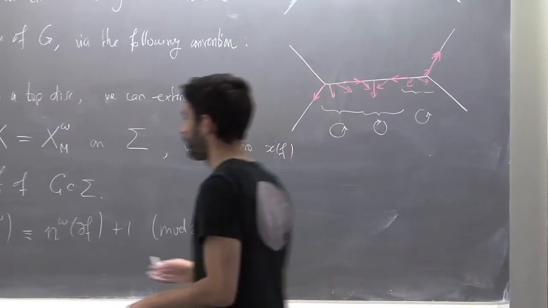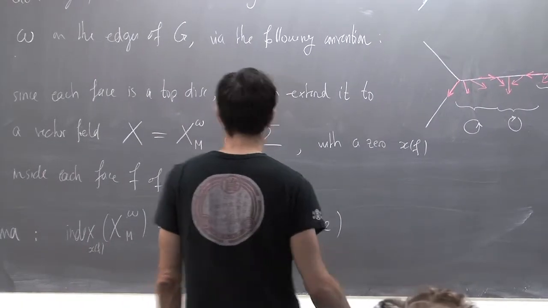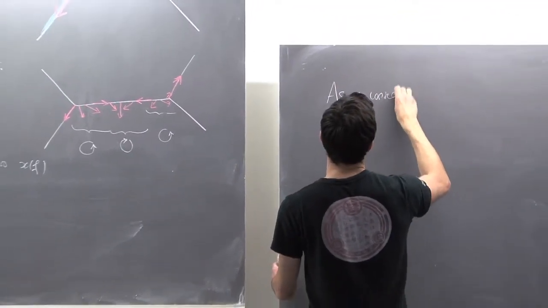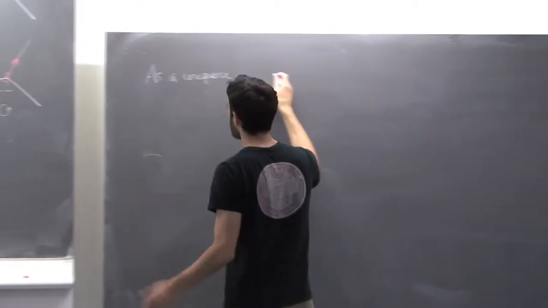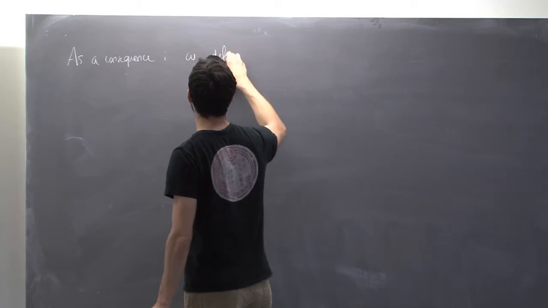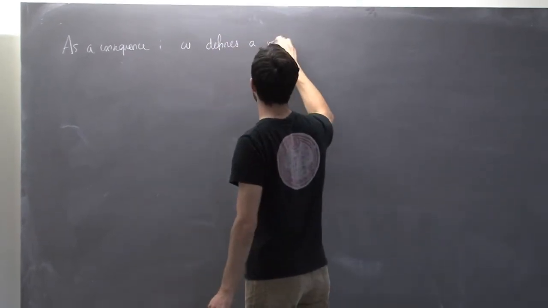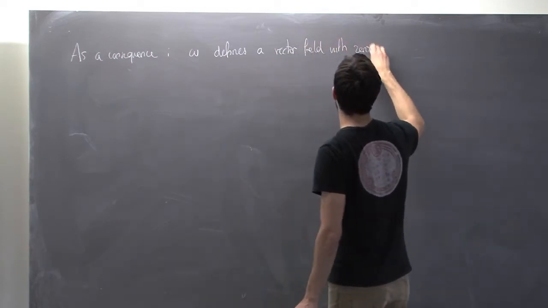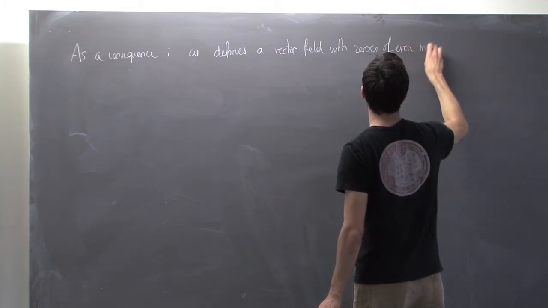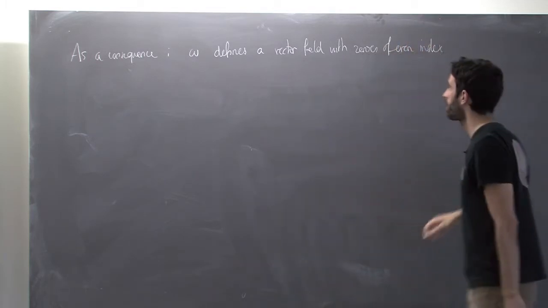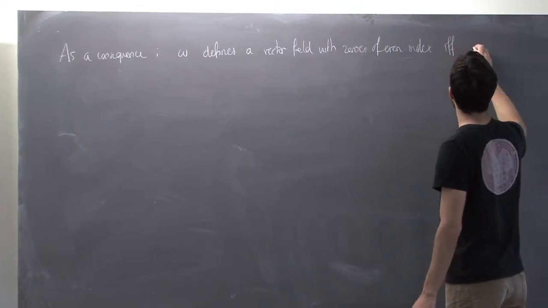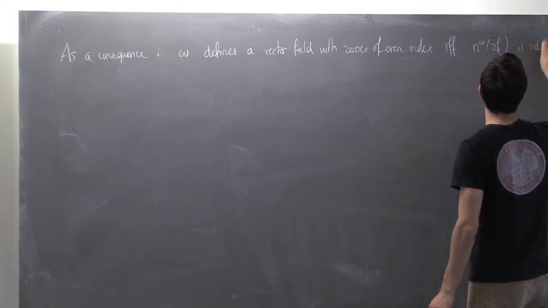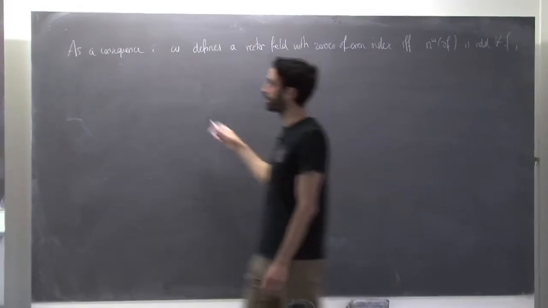So maybe I will prove the lemma, I will at least give an idea of the proof, but as a consequence, omega defines vector fields with zeros of even index, and this is something that we want, because then we have Johnson's theorem, if and only if n omega boundary of f is odd for each f, which is precisely Kasteleyn condition.